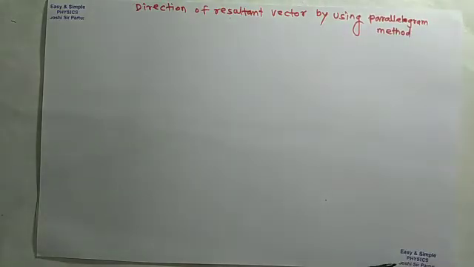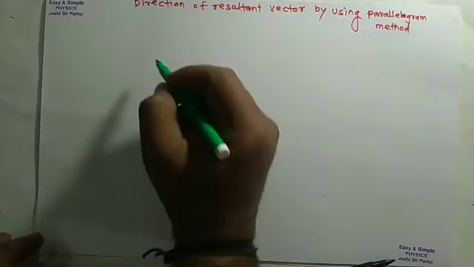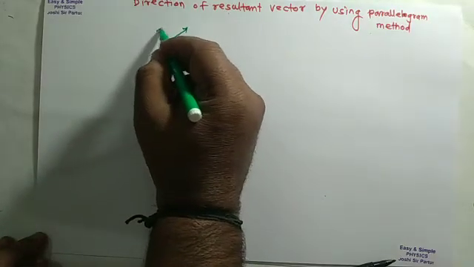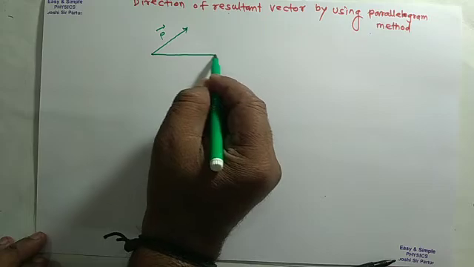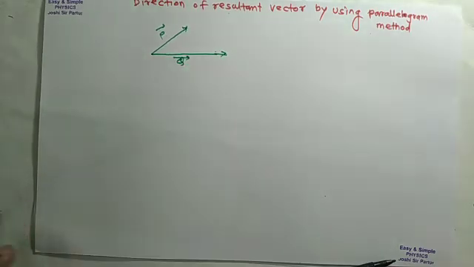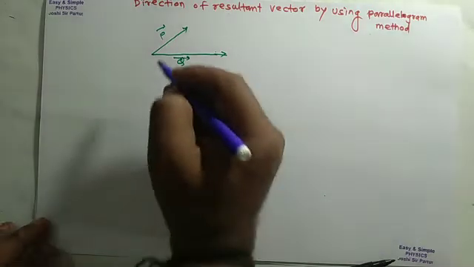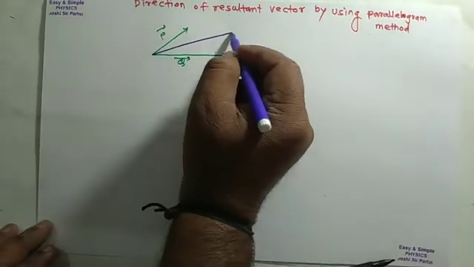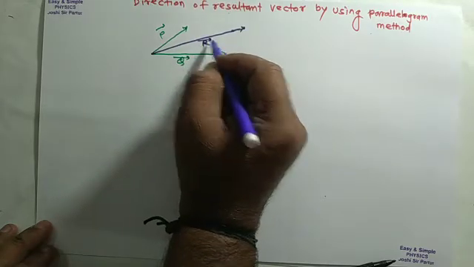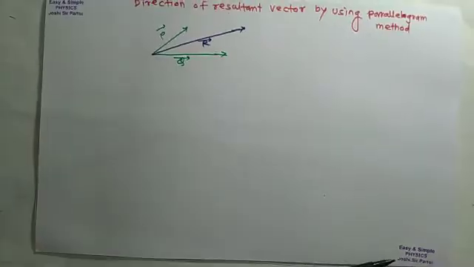In this parallelogram method, we can consider the two vectors. See here, vector p and vector q, the two vectors as well as vector r, which represents the resultant vector for vector p and vector q.